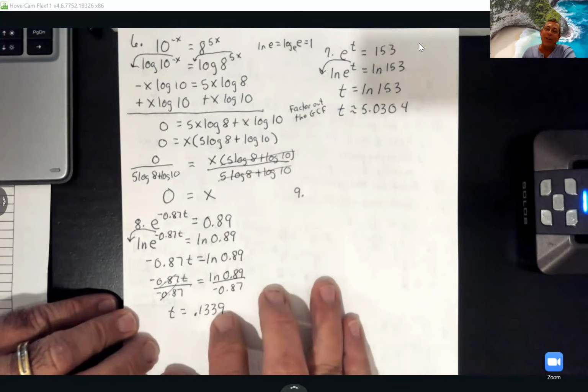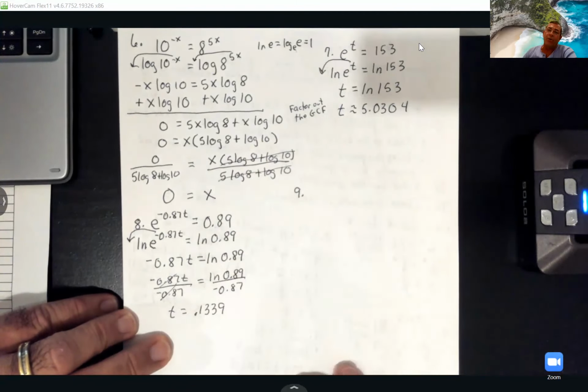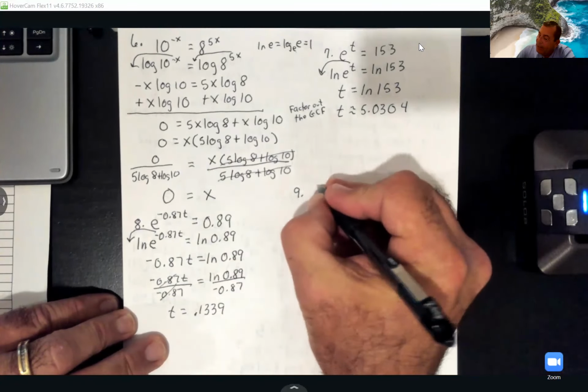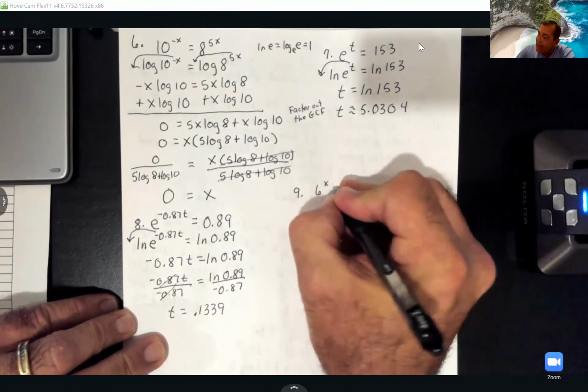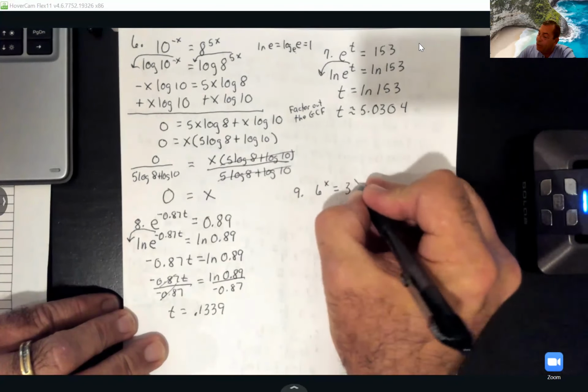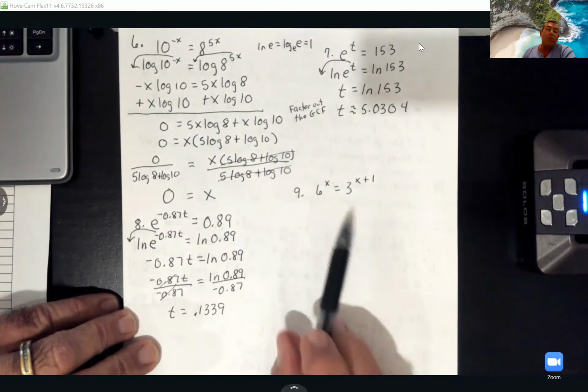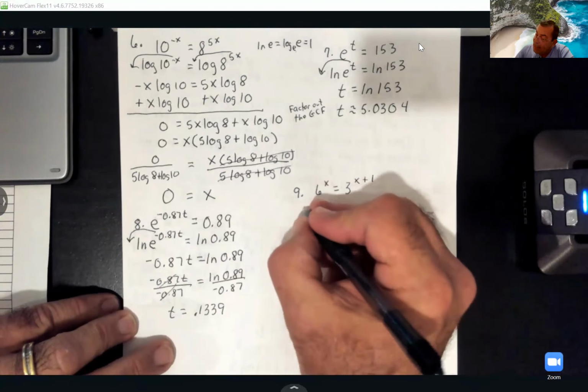All right, now this one's another tricky one. This last one for the exponential, and then we will turn into logs after this one. So I got 6 to the x equals 3 to the x plus 1. So I can't rewrite this one, so I'm going to take my logs of both sides.